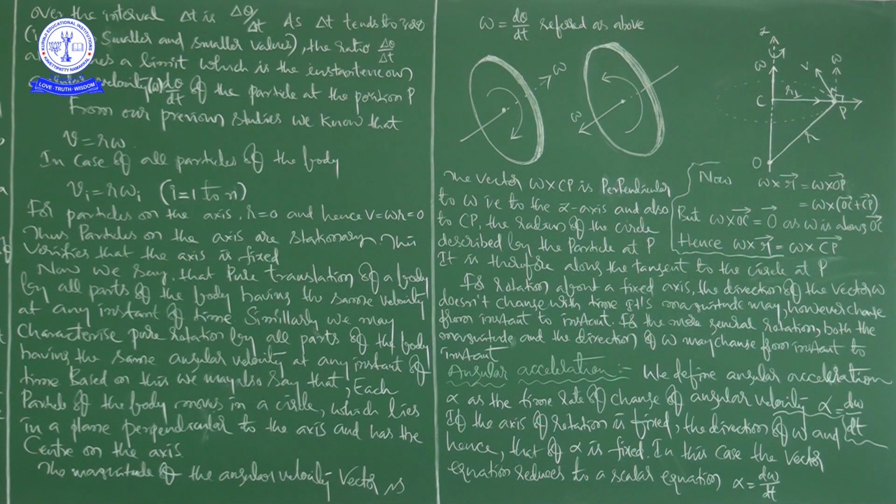In the bracket he has written the i value, which changes from 1 to n to satisfy all the particles of a rigid body.